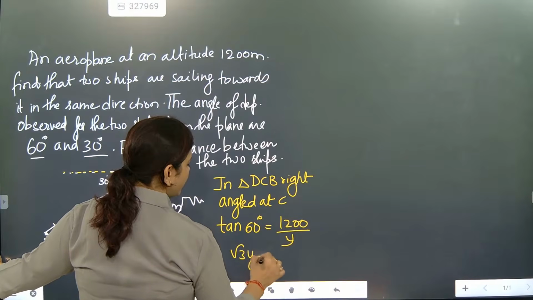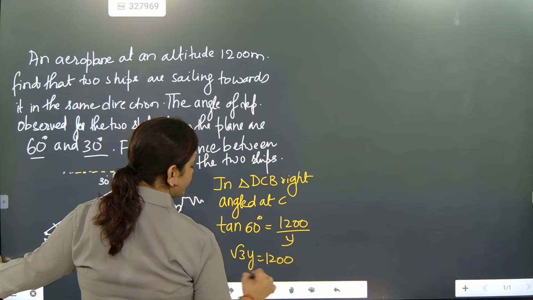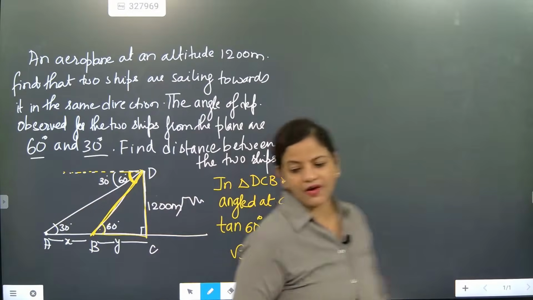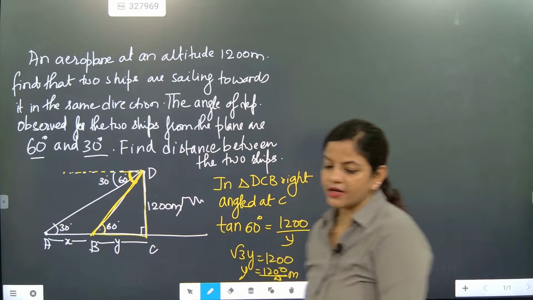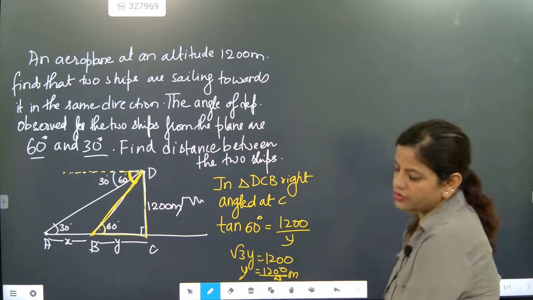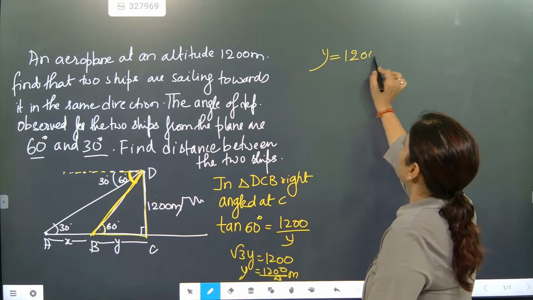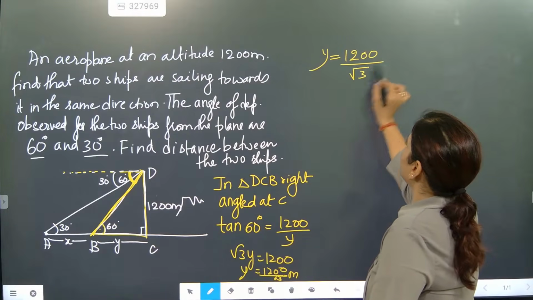So root 3 y is equal to 1200. So y will be equal to 1200 by root 3 meter. What is y, beta? 1200 by root 3. I am writing y again. y is equal to 1200 by root 3 meter.